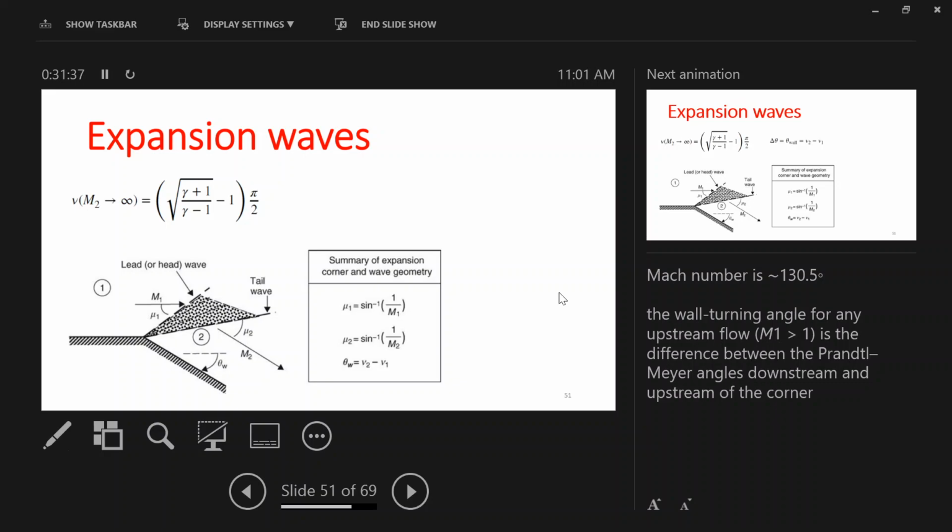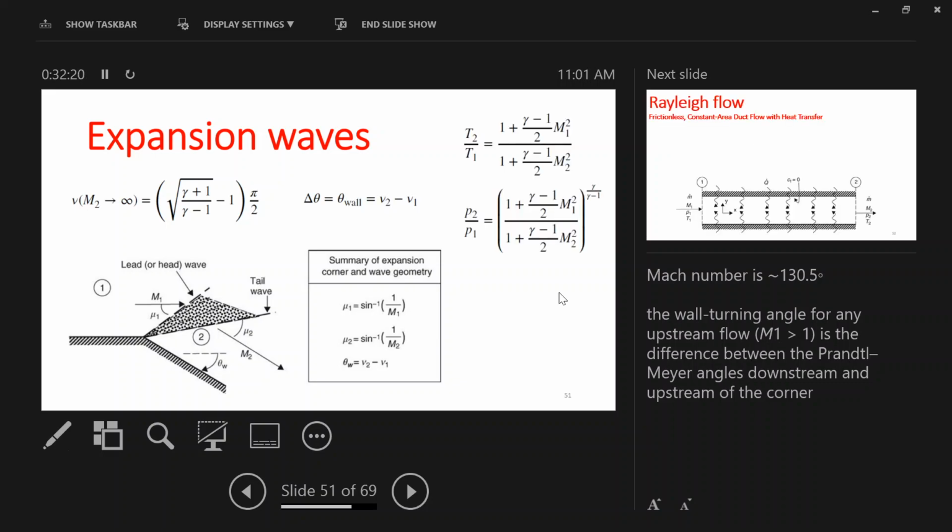So at some theta, your Mach number is going to be so high that it doesn't really matter if your wall angle is changing. We just assume, or rather it's going to be constant, that your Mach angle is not going to change that much because it's so high. The changes in Mach number are going to be meaningless. Does that make sense? I mean, it will have a lot of meaning, but as far as the expansion wave is concerned, the changes in Mach are going to be meaningless. Okay.